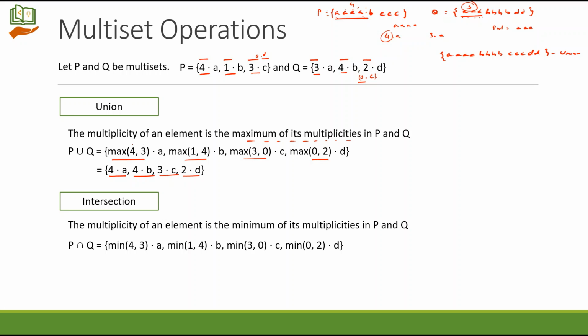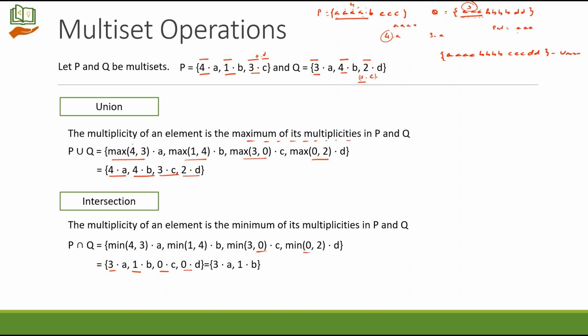So for that we are using the 0. Minimum of 4 and 3 will give 3 for A. Minimum of 1 and 4 will give 1 for B. Minimum of 3 and 0 will give 0 for C, which says C will not be present in the result. Minimum of 0 and 2 will give 0 for D, which says that D is also not present in the result. So 3A and 1B.